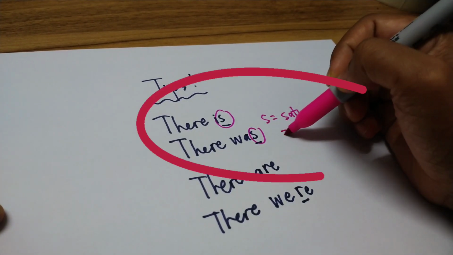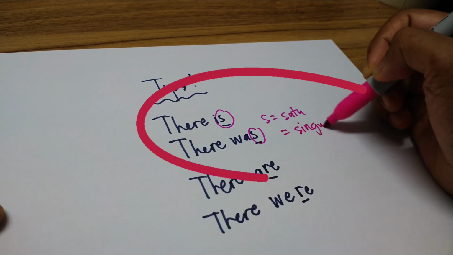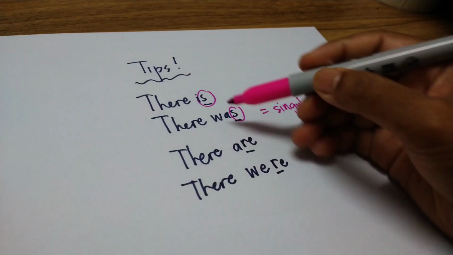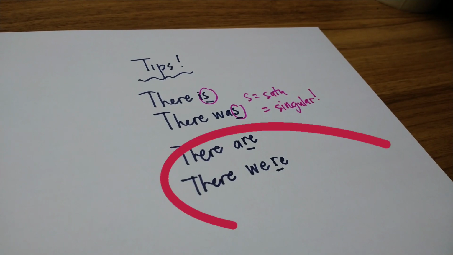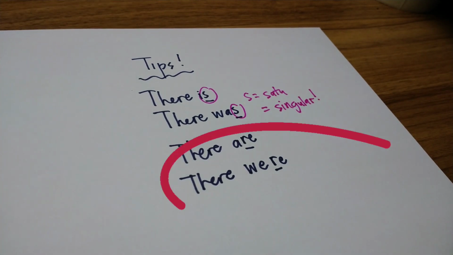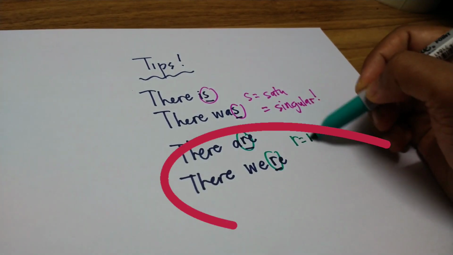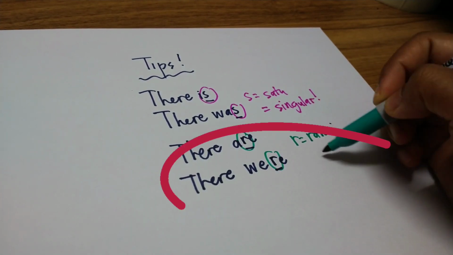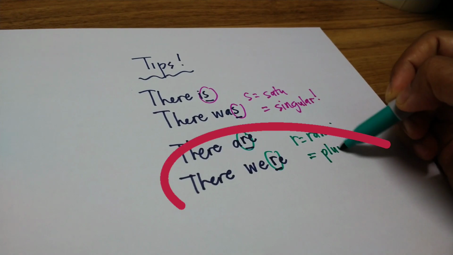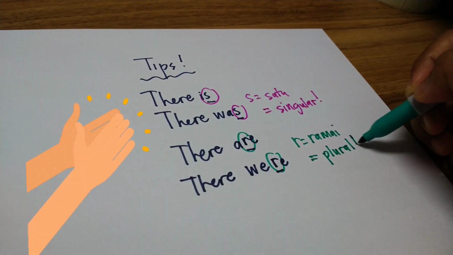So if there's only one, you use there is or there was. And there are and there were, you have the letter R. R is for ramai or plural. So if there's more than one, we use there are and there were.